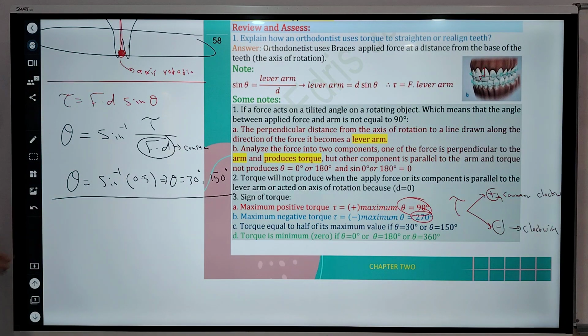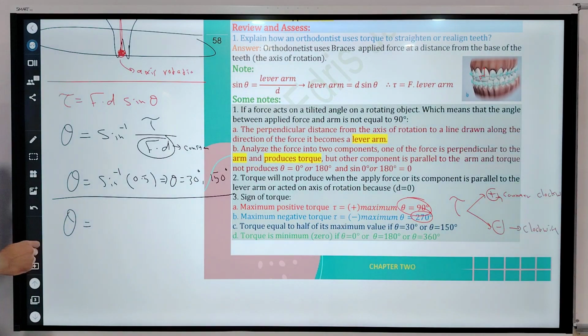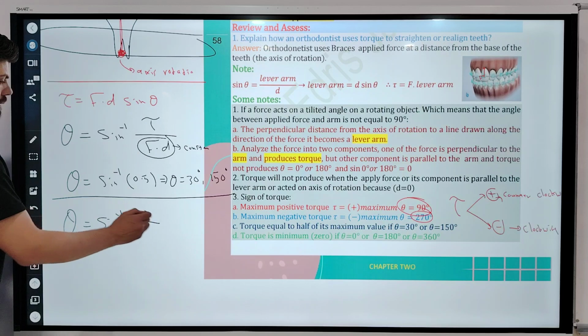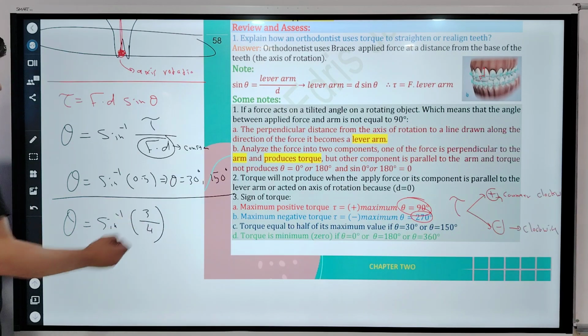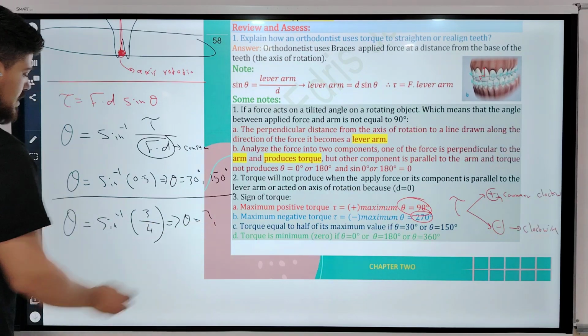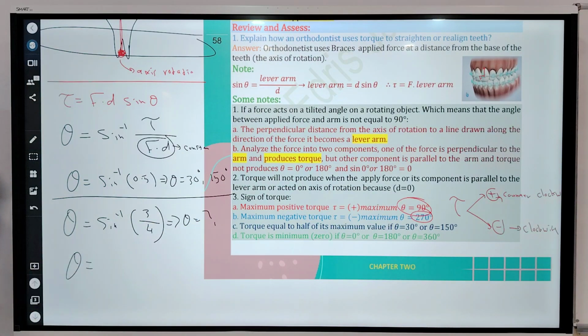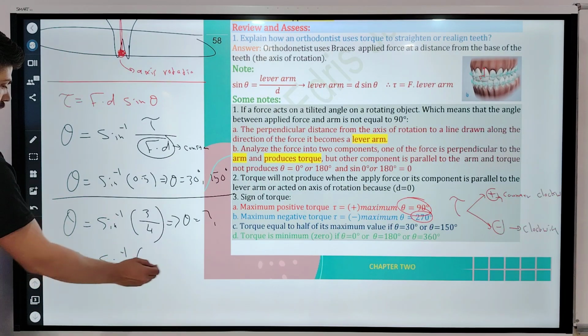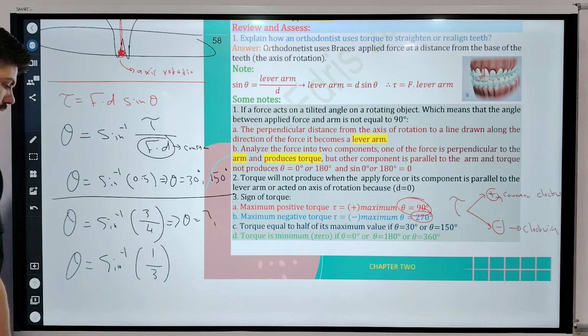You can find the others the same way. When does the torque become 3/4 of its maximum value? You have to find the sine inverse of 3/4, which is equal to something. When the torque becomes 1/3 of its maximum value, sine inverse of 1/3.